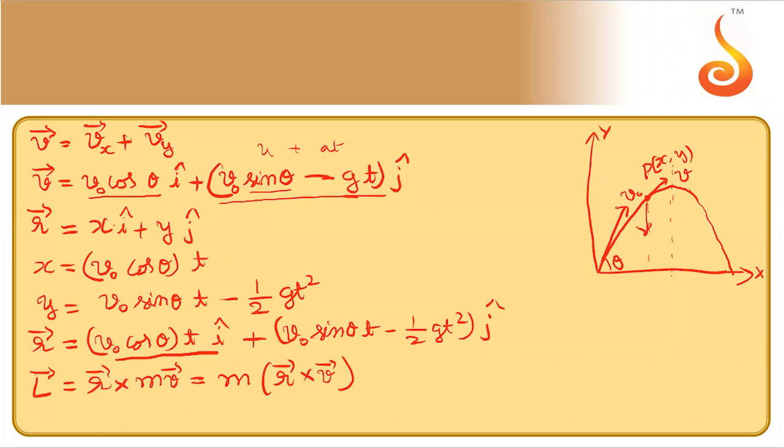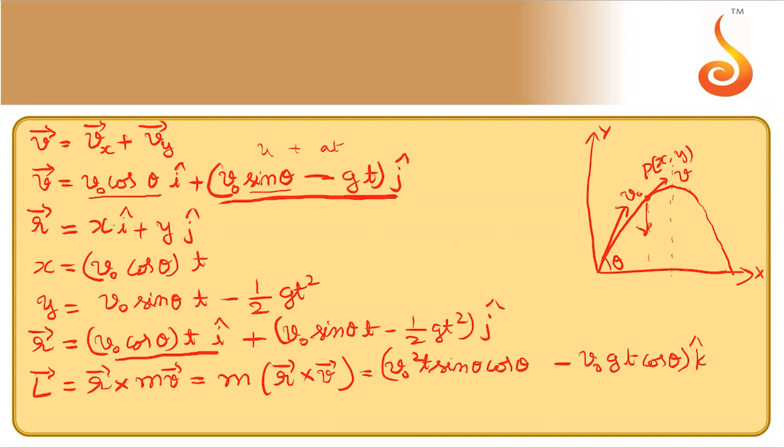So this multiplied by this, what do we get? v naught square sin theta cos theta into t minus v naught g t square, write this t here, cos theta into k cap. i cross j is k.